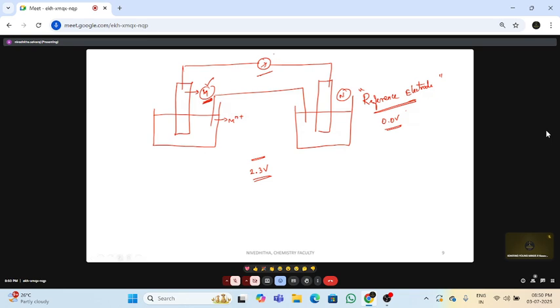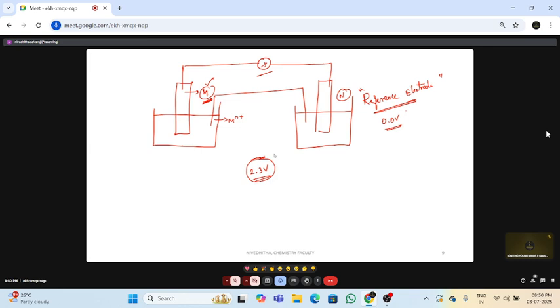And the value I'm getting is 2.3 volt, which means 2.3 volt was contributed only by this metal M, and not by the reference electrode, because the reference electrode contribution was 0 volt, right? You're understanding the role of the reference electrode now? Yes, ma'am.